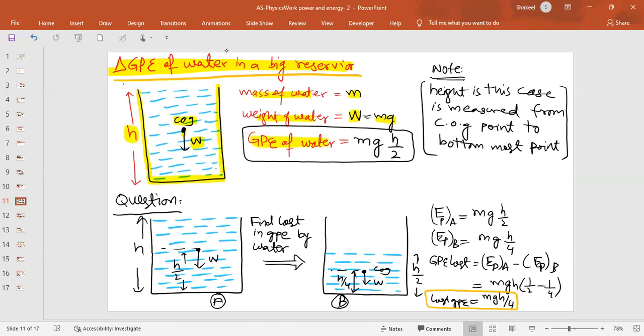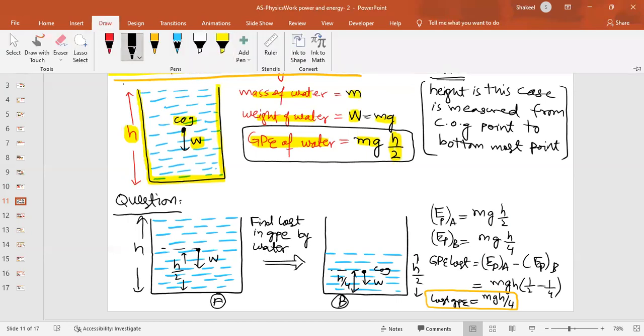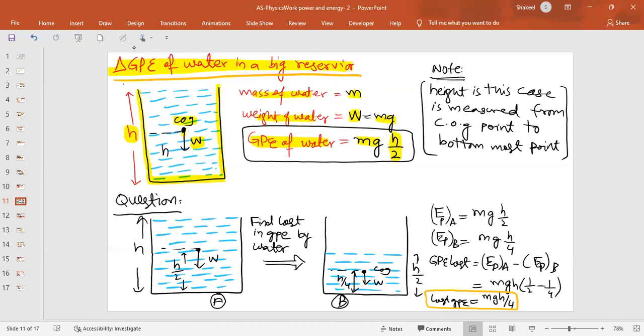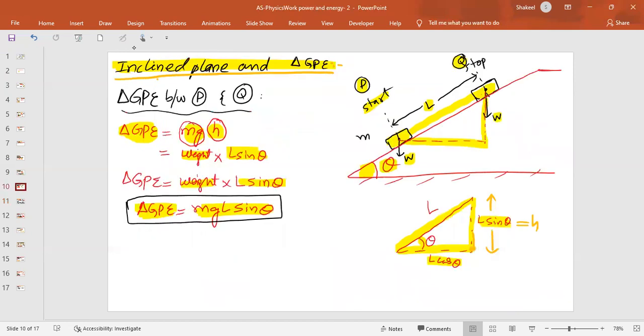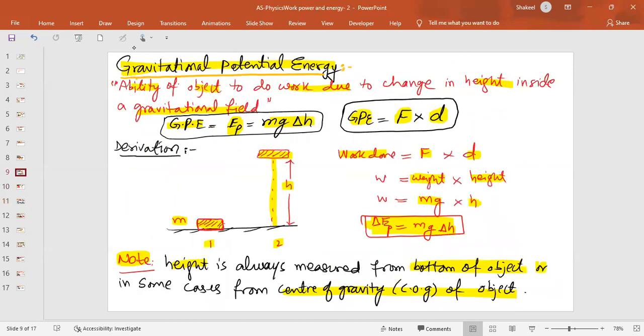Well, interesting. GPE is mgh. But I have written mgh by 2. Why? Because we always take the height from the bottom to the center of gravity. I have to take you back to this point.